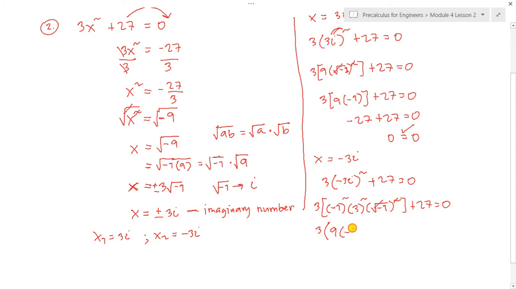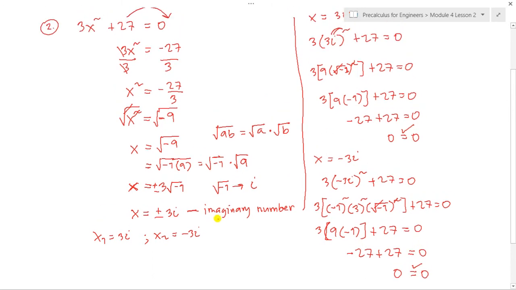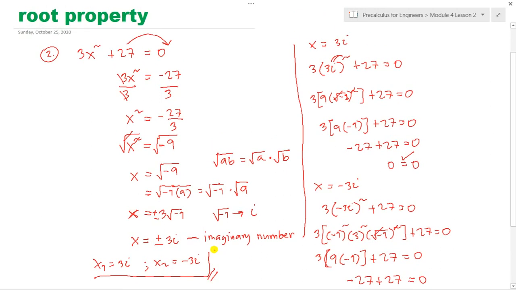What's left is -1. Then plus 27 is equal to 0. So here 9 times -1 is -9, and -9 times 3 is -27. So -27 plus 27 is equal to 0. So we already verified that both solutions, or both roots, positive 3i and negative 3i, satisfy our quadratic equation. Therefore, both of them are correct.